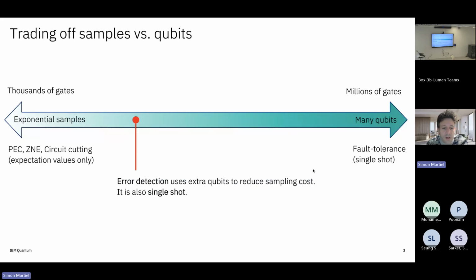The result I will present today is based on error detection, which is somewhat in the middle between both ends, where we can use extra qubits. So we do modify the circuit by adding gates and qubits. We still get some exponential scaling in samples, but we have single-shot access to good quality quantum states instead of having only expectation value access.